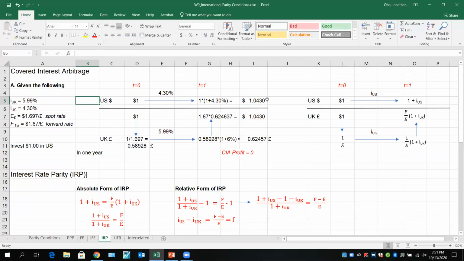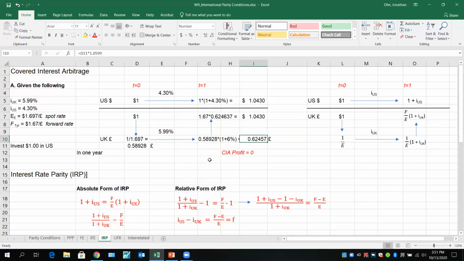Now let's derive the outcome in the UK. If you move $1 to the UK, the first thing is you change that to UK pounds using the spot rate. So you get 0.5892 pounds. And then the interest rate for the UK is 5.99%. You invest it at 5.99% for 1 year, then you will end up with this.